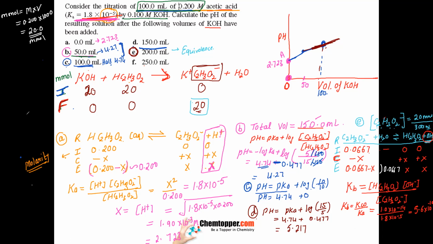So I will not get any quadratic equation. I can use simple my graphing calculator. So Kb is equal to, plug in here in this equation, x squared over 0.0667, which is equal to 5.6 times 10 raised to a minus 10.